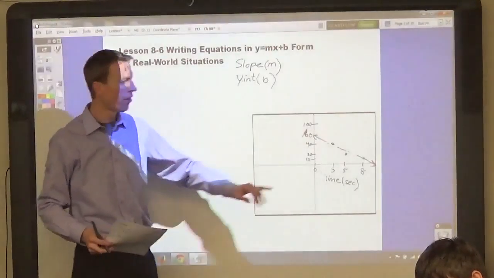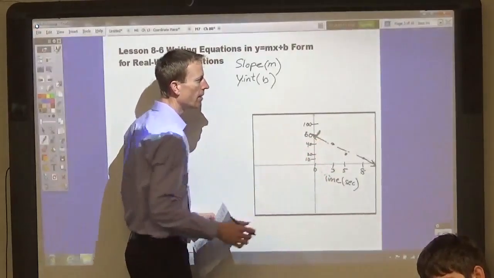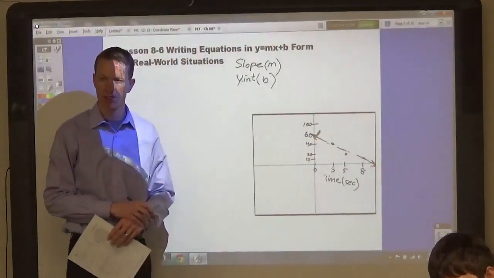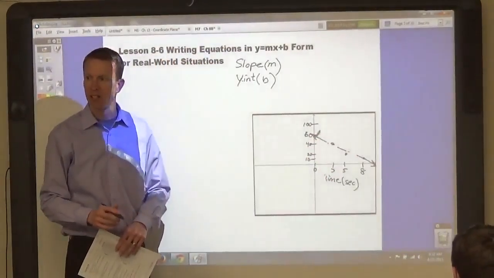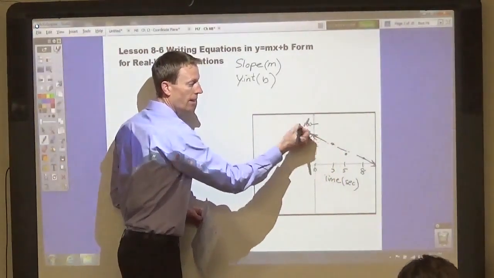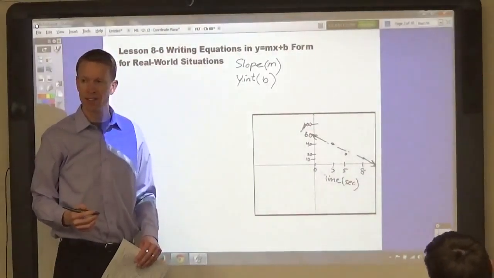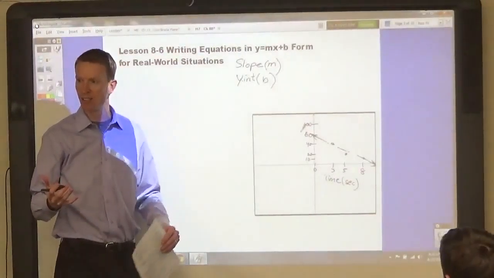Okay, if we follow the line, what is this point then in our equation, what is it doing at this point? It's intercepting the y-axis.